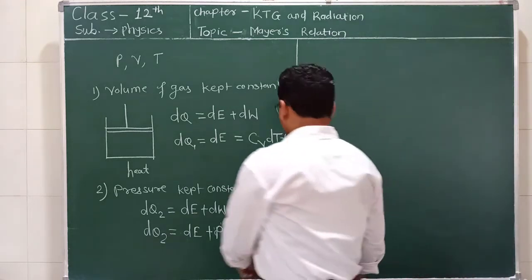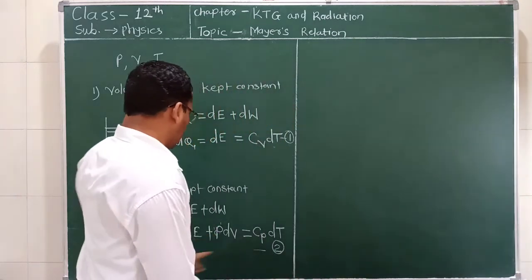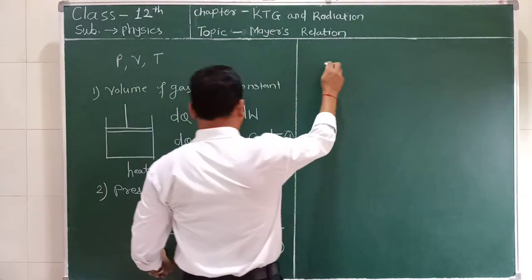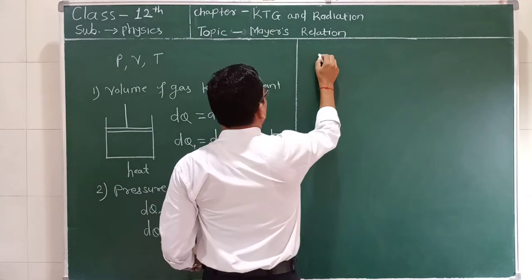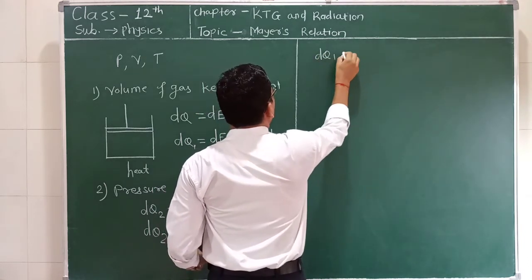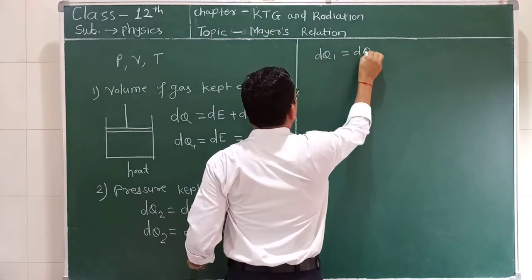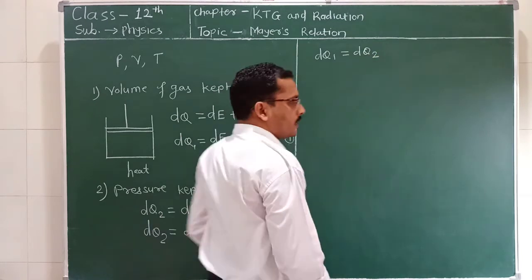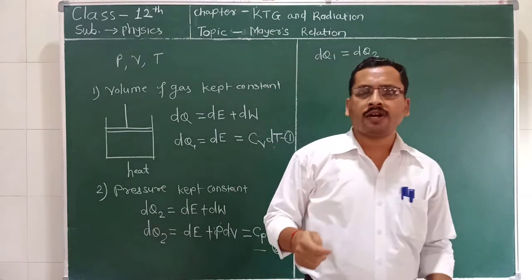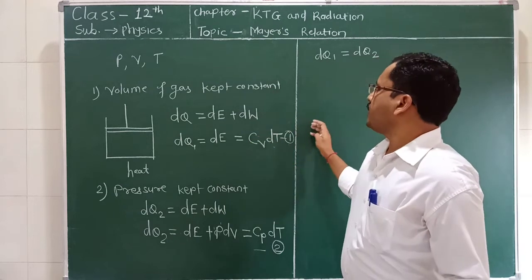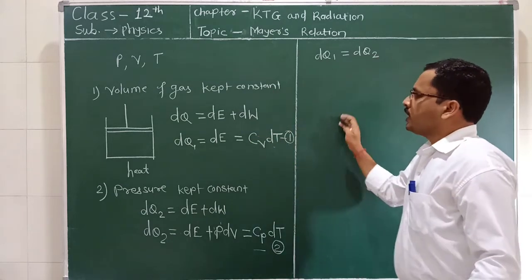So now from equations 1 and 2 we can write dq1 is equal to dq2, because the total heat is converted into the internal energy.